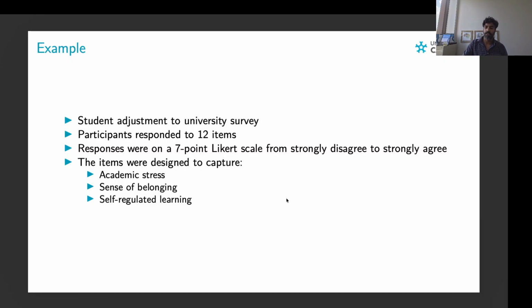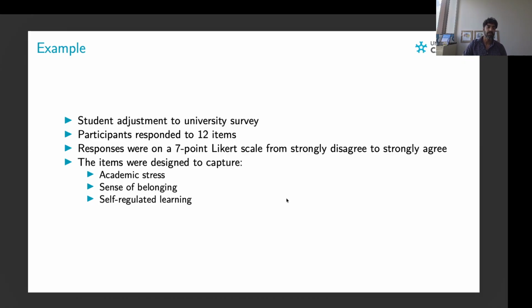So it could be questions related to, in the last week, how stressed did you feel, or I felt stressed about the transition to university from high school. I struggle with managing my workload at university.